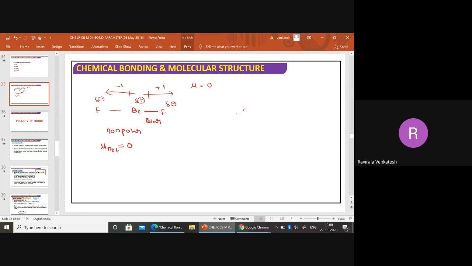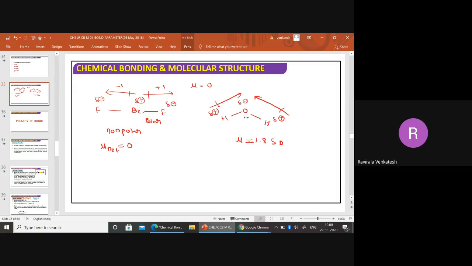You may say, sir, water also may be cancelled. No. Why not? In water, mu is 1.85 D. How did we get 1.85 D, why not 0? Here also there is positive character and negative character, again positive, negative. Actually, in this case the lone pair is there on oxygen.